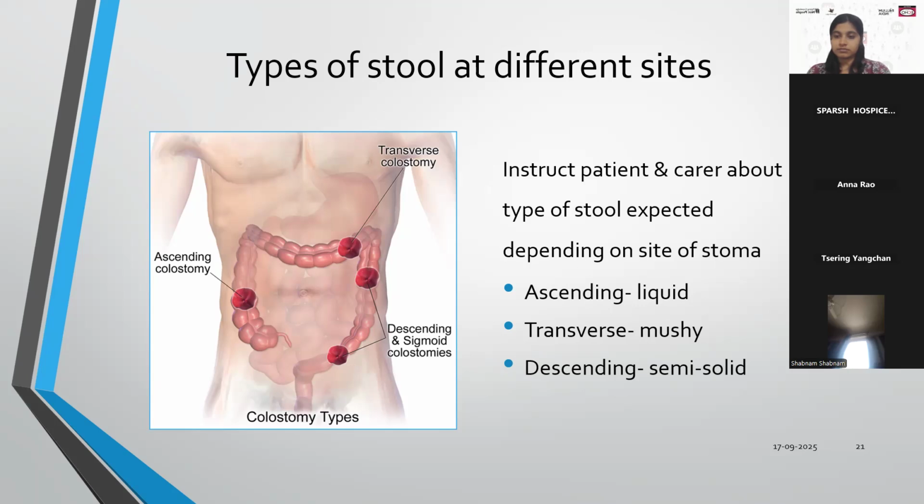The opening of the bag should be kept a little more than the size of the actual stoma. Say 1/8 of an inch, it should be larger than the stoma, so that the opening doesn't stick directly over the stoma.